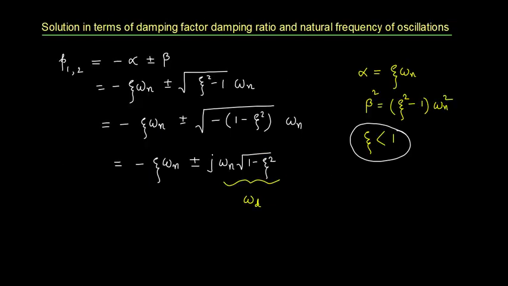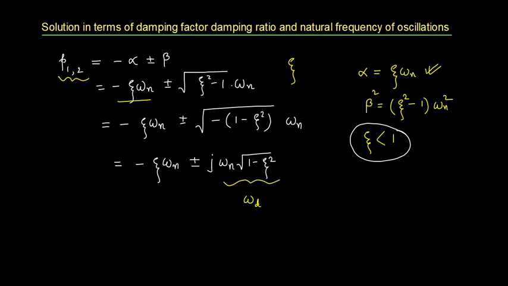So, the solution in terms of damping factor, damping ratio and natural frequency of oscillation. So, P1,2, the roots of the characteristic equation, is minus alpha plus minus beta, which can be represented in this fashion, since alpha equals zeta omega n and beta equals under root zeta square minus 1 times omega n.